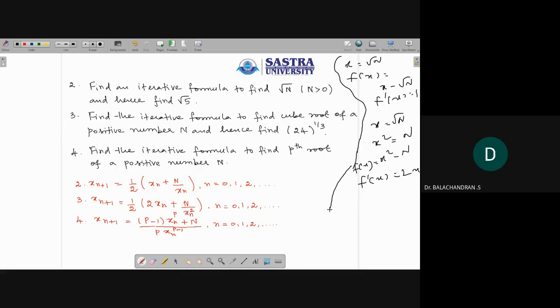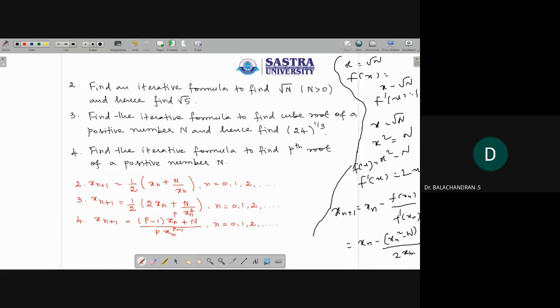So what is the iterative formula? The iterative formula is xn plus 1 equal to xn minus f of xn divided by f dash of xn. f of xn is xn square minus n, and f dash of xn is 2xn.